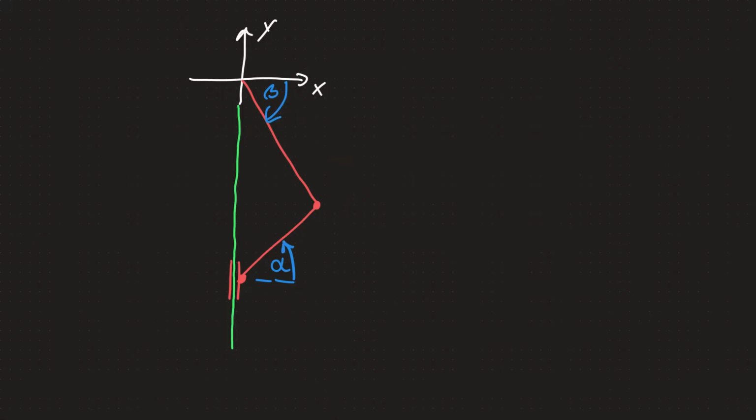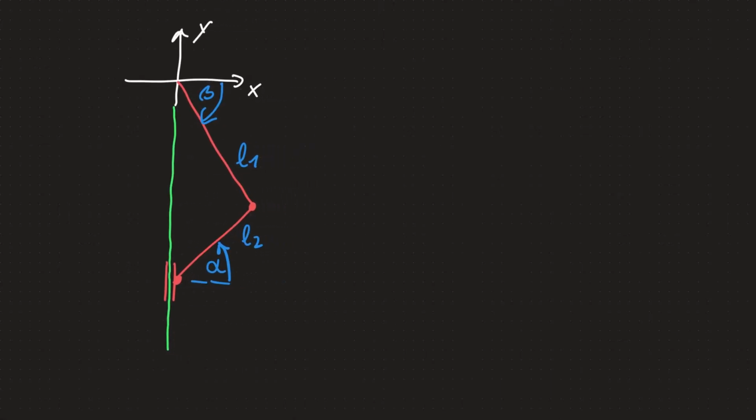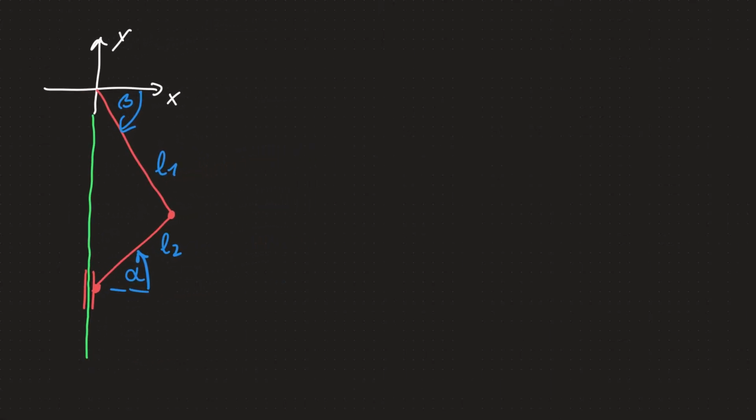And now we want to know the distance depending on these two angles and these two distances. We will call these distances R1 and R2. And we move this now to the left to have a little bit more space to calculate the position.